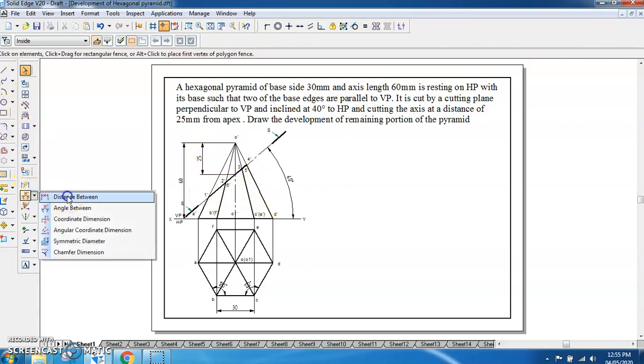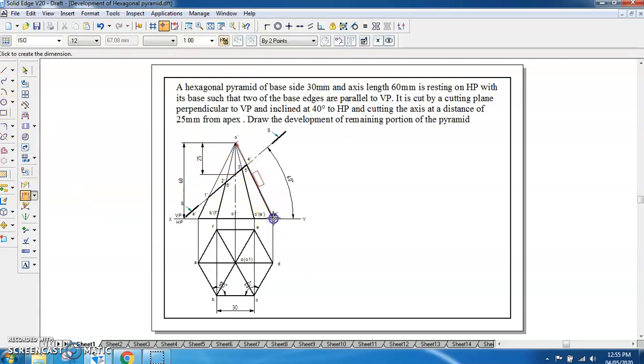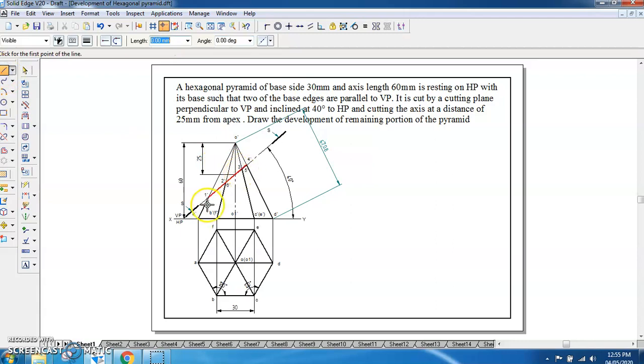Once we do this, we have to project all these points on the true length. This is the true length of DO that we have got, and now we get the projectors from this 1 on DO, then from 2 to 6 on DO, 3 to 5 on DO, and 4 is on DO itself.